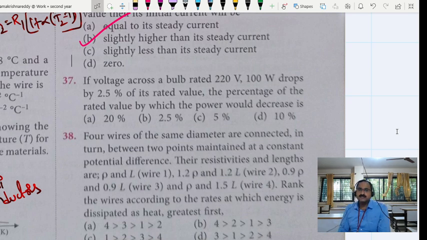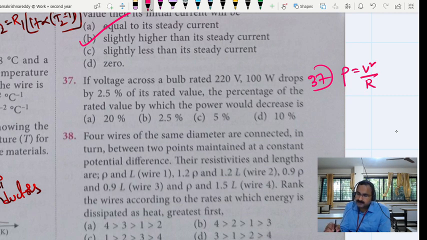If the voltage across a bulb rated 220 volt 100 watt drops by 2.5% of the rated value, by what percentage would the power decrease? So this is also the same thing. Power is equal to V square by R. For small percentages we can apply the relation delta P by P is equal to 2 times delta V by V, where R is a constant.